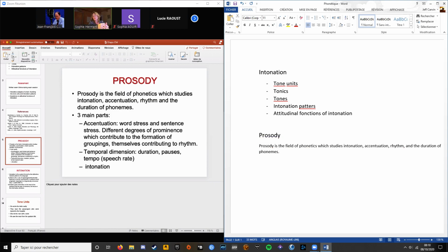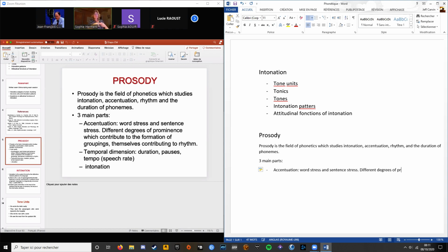And it's an important part because, as you know, rhythm in English is very different from rhythm in French. Then there's the temporal dimension, which is dealt with when you do prosody in general. So this concerns duration, pauses, tempo. Tempo is speech rate. And the third part is intonation.